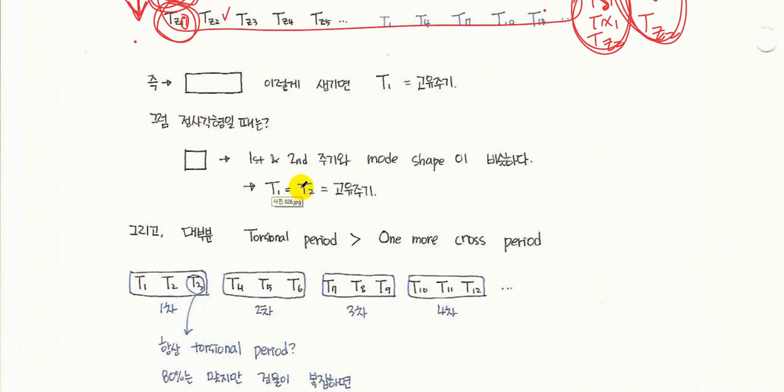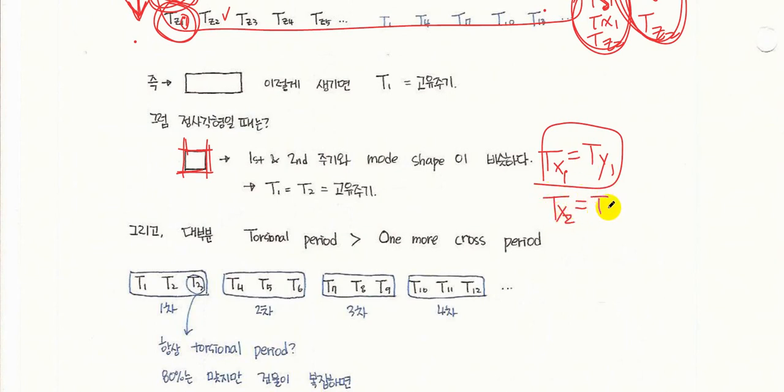For rectangular buildings, assuming that you have a similar amount of walls in both x and y directions, then it's easy to think that x1 is about equal to y1, right? And x2 is going to be similar to y2.